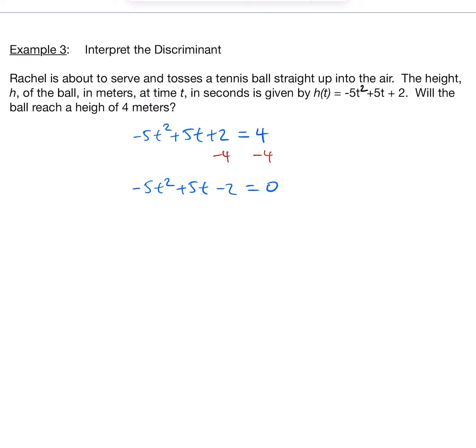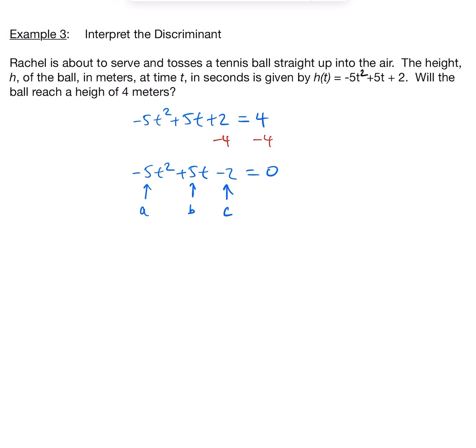Now that we have the quadratic equation set up correctly, where we have the a, the b, and the c equal to 0, we're going to label this. This is my a, this is my b, and this is my c. And we're going to use the discriminant, which is b squared minus 4ac. Let's see what value we get from that.